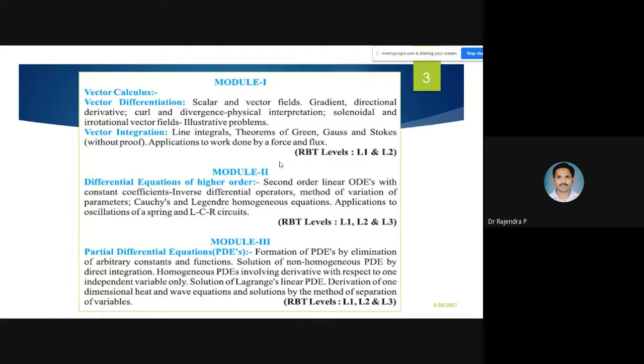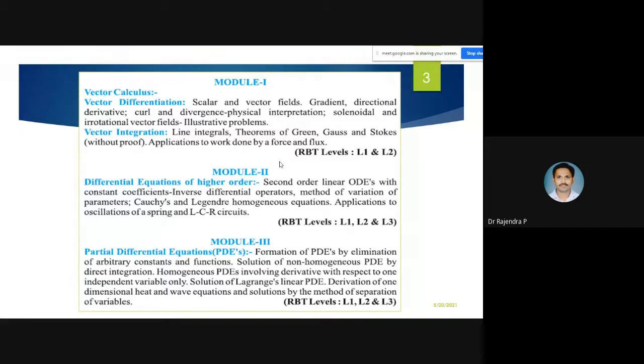As usual, we have 5 modules. Module 1 is all about vector calculus. We are going to introduce both vector differentiation and integration. One fortunate thing is that almost the same syllabus is going to be delivered by the physics teacher also.